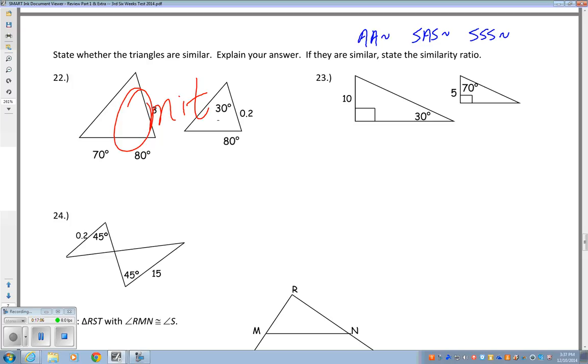Right now we see it's both right, so we at least have 1 angle. Now we have to check to see if we have a second. No, we do not. This is 60. This is 20. Not enough. Well, we have enough information, but it's just not similar.